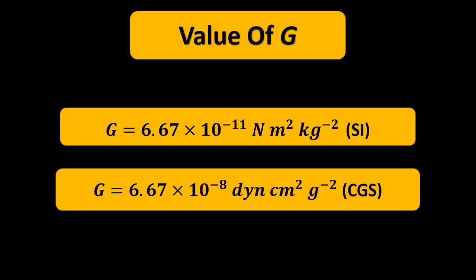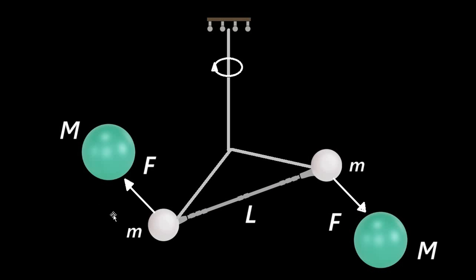So here every parameter is kept fixed: the length of the rod, the mass of the small spheres, the mass of the large spheres, the torsion constant of the wire. Everything was controlled by the person conducting the experiment, the known parameters. The only unknown parameter was the angle of twist or the angle of deflection theta.